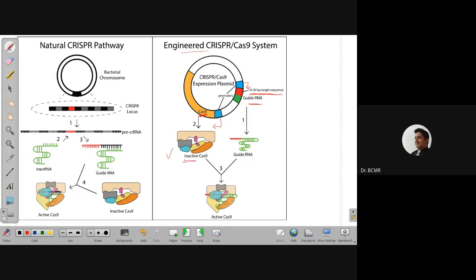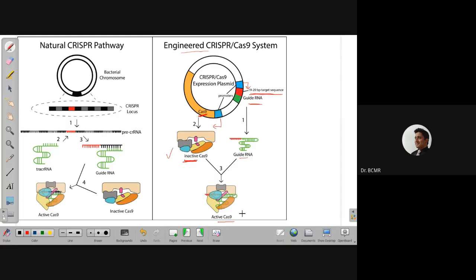It is inactive because it needs the guide RNA as well as the PAM. It needs guide RNA to start with for the activity, and specificity is given by the CRISPR. So now we have the guide RNA, tracer and CRISPR together. Once they bind, they are active, active in the sense of surveillance.